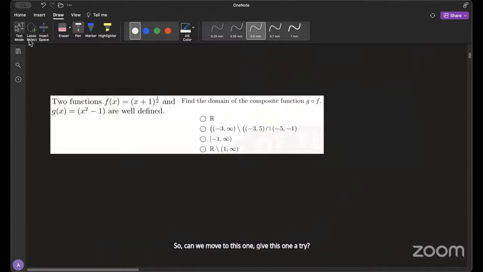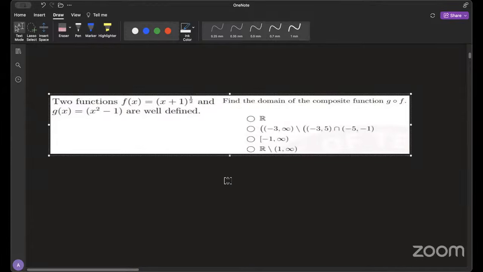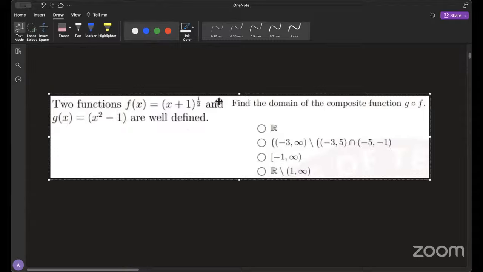Give this one a try. You can drop the answers in the chat box once you're done.